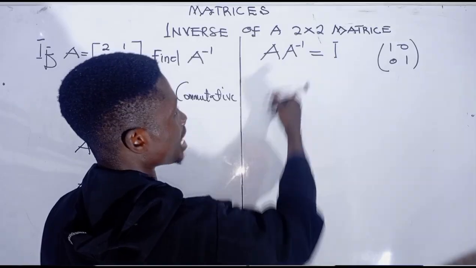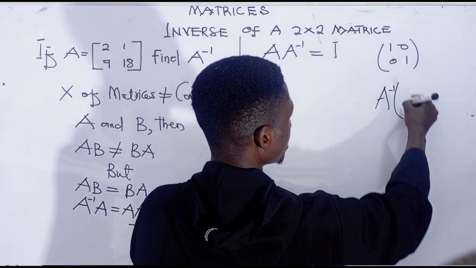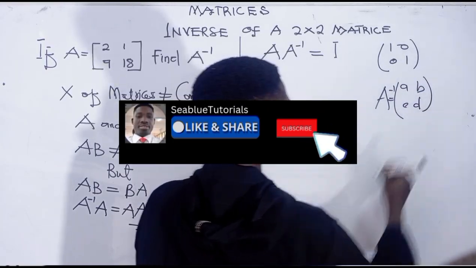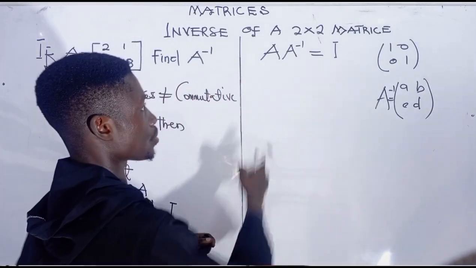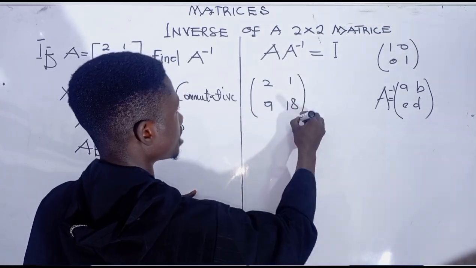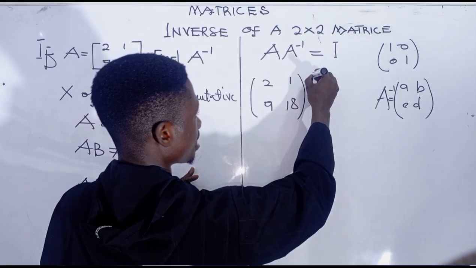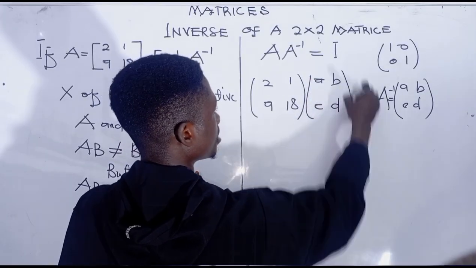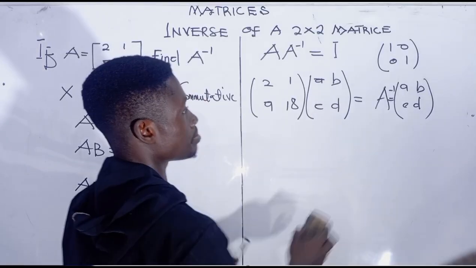Now we don't know the inverse of the matrix, so we are going to let the entries A, B, C, and D represent the inverse of matrix A. So we are going to have matrix A, and then the inverse. We are using these variables to represent the inverse of matrix A, and the whole of this is equal to the unit matrix.